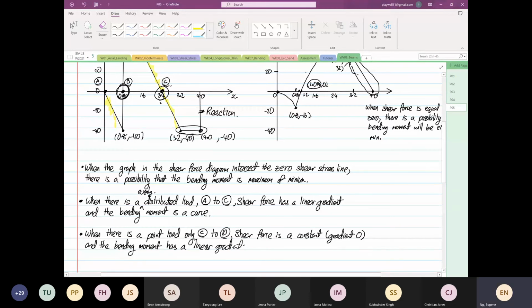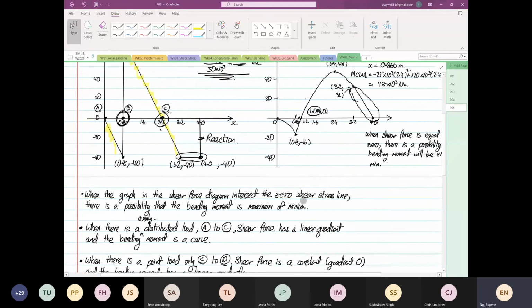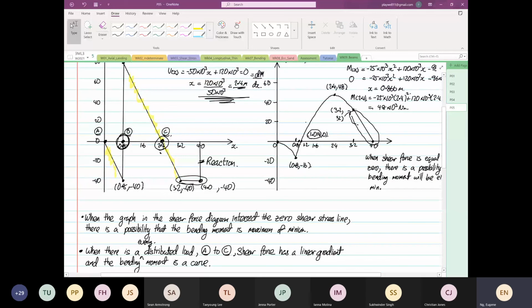Now, the last point, which is the most important. I want you to observe this line, this yellow line.